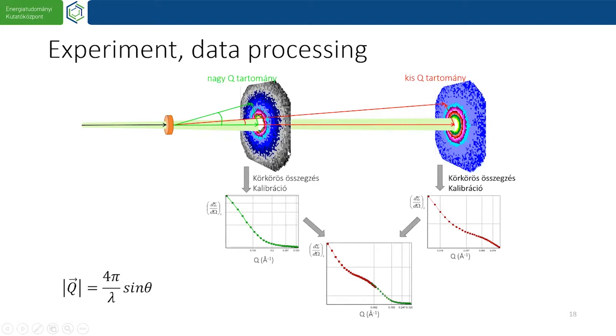Moving the detector allows measurements at both, or maybe 3 Q ranges if necessary. At each Q range we produce a scattering curve, and in the end we have to combine these scattering curves in order to get the full scattering curve of the sample.